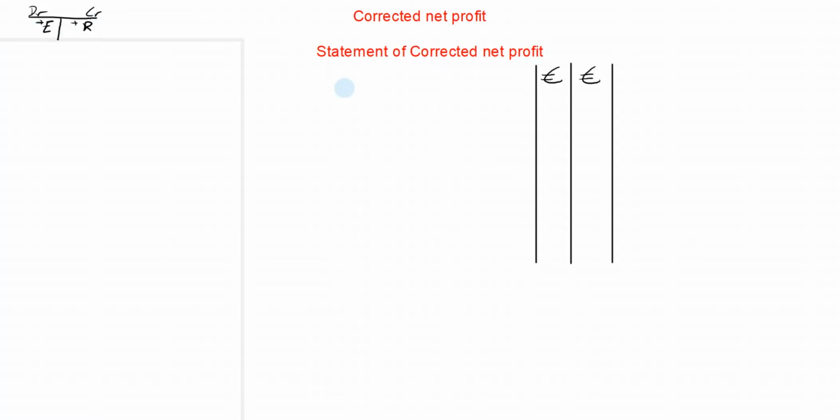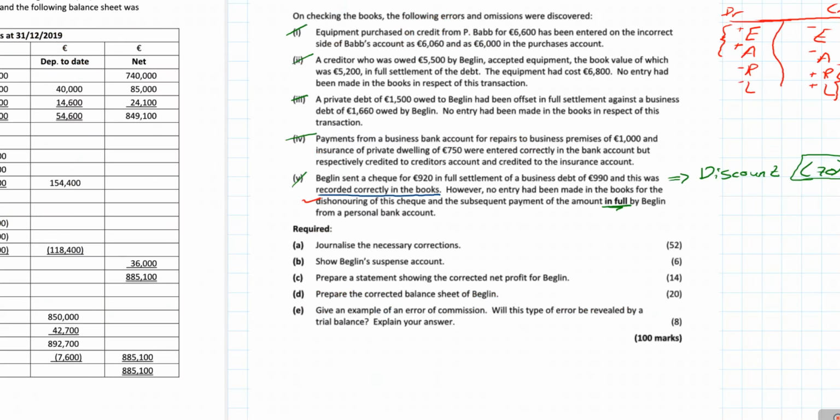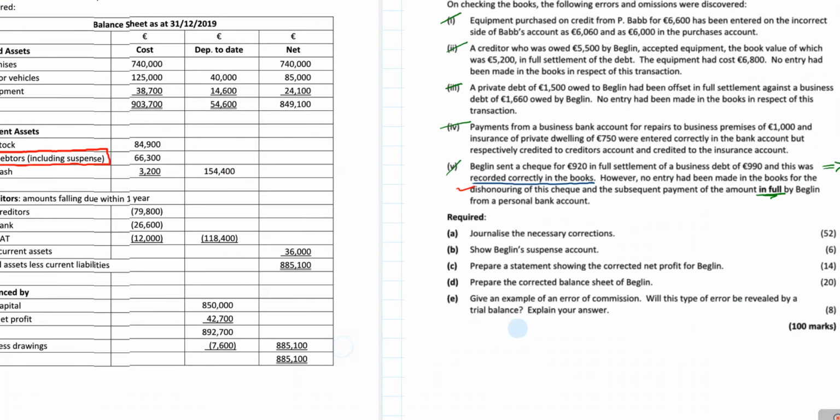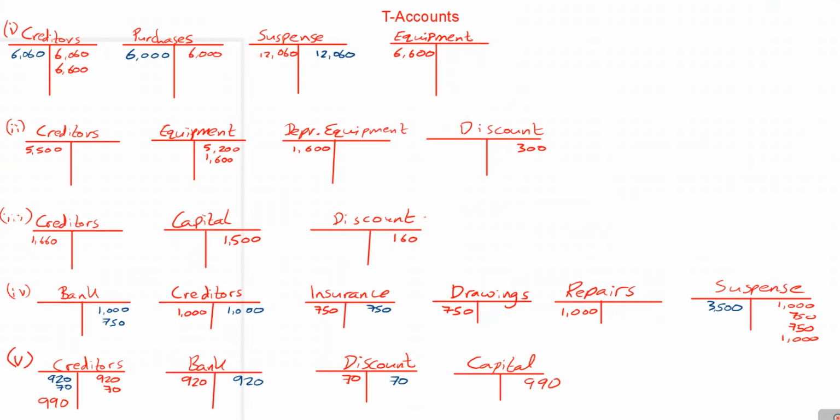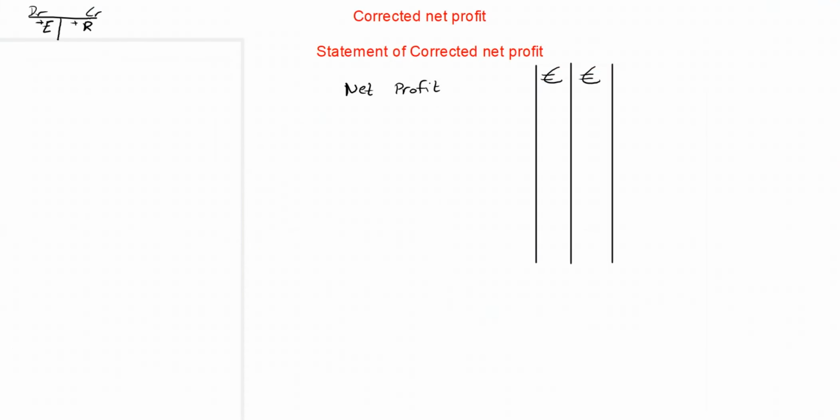So the first thing we need to do is get the net profit figure from the question. So that's from the balance sheet. 42,700. We now have to look at what we add that will increase net profit, and what we deduct that will decrease net profit.